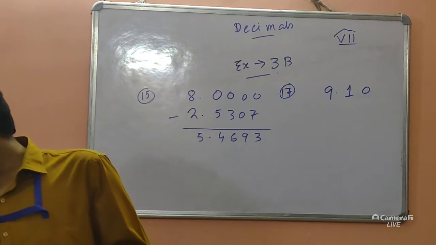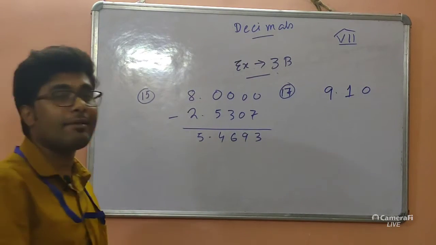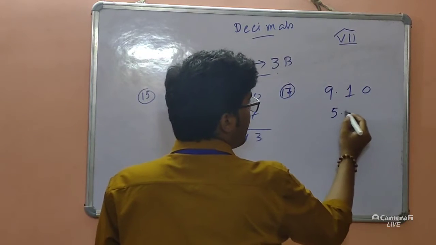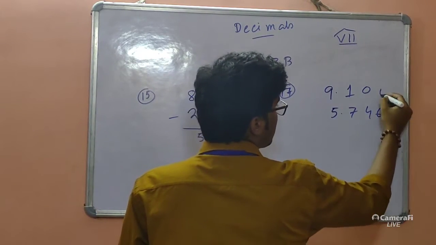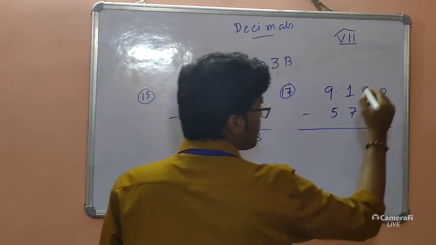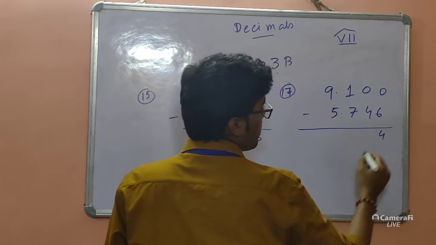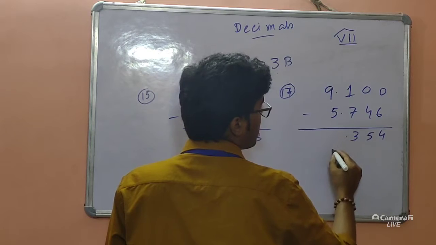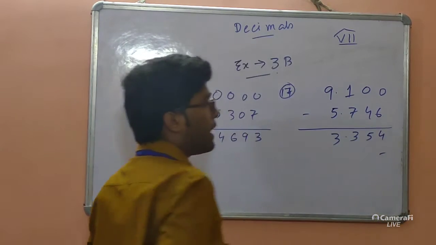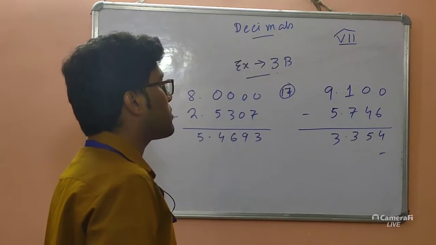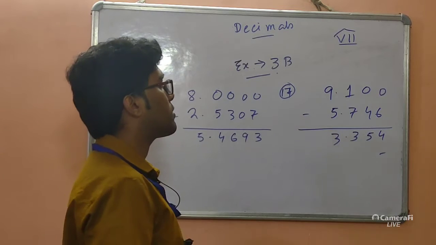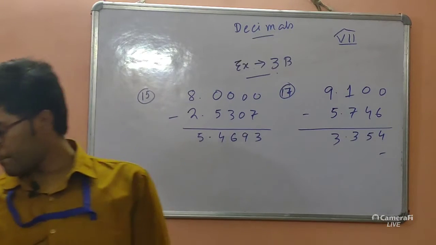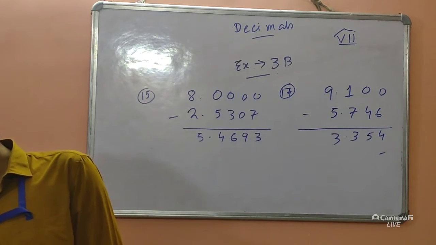We need to subtract what? 5.746. Now subtract. So that's our answer. Clear? Okay. Let us do the next one.